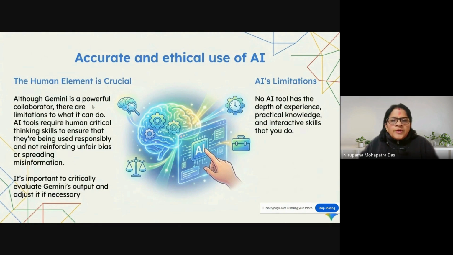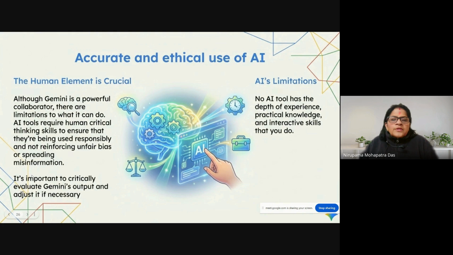Although Gemini is a powerful collaborator, there are limitations to what it can do. AI tools require human critical thinking skills to ensure that they are being used responsibly and not reinforcing unfair bias or spreading misinformation. It's important to critically evaluate Gemini's output and adjust it if necessary.